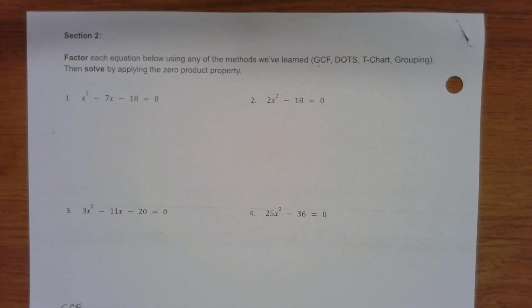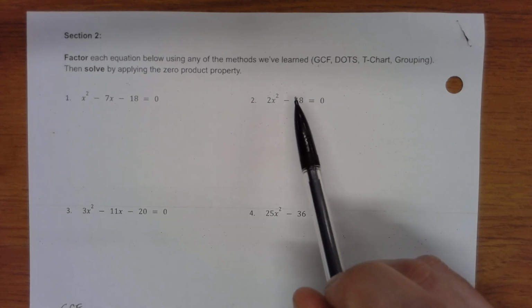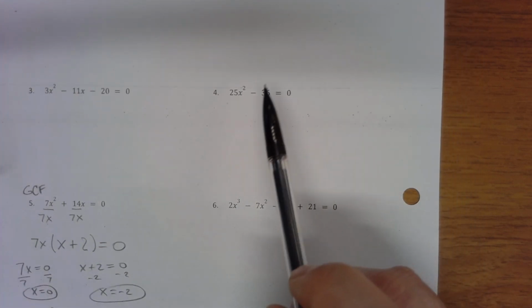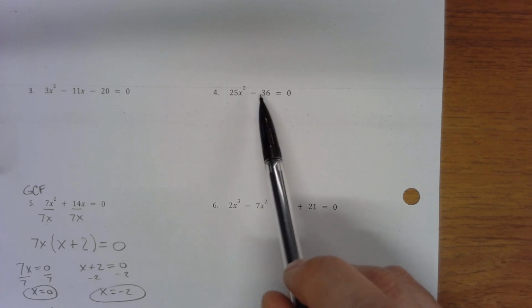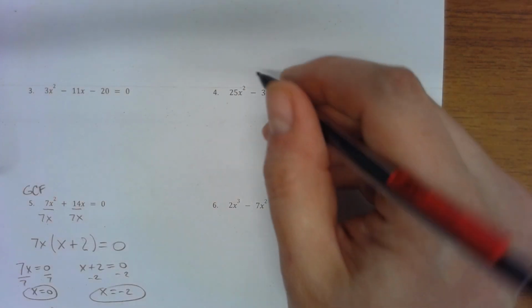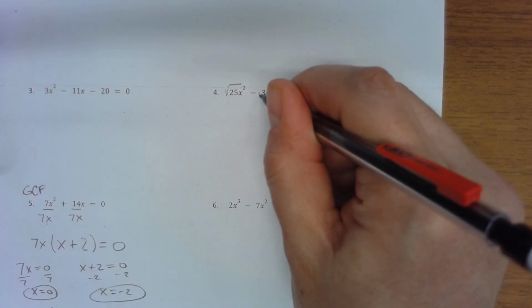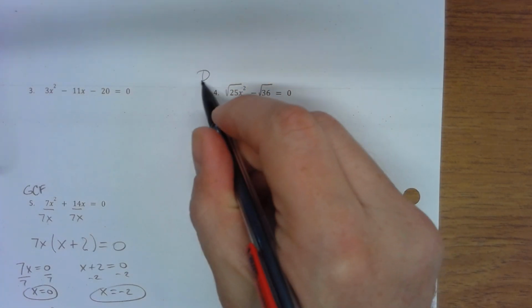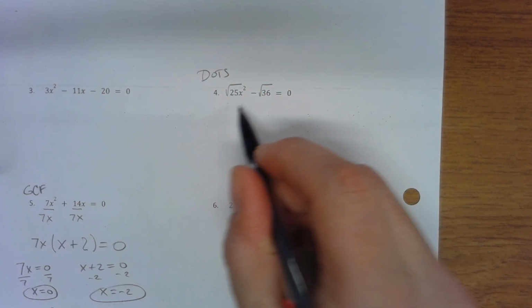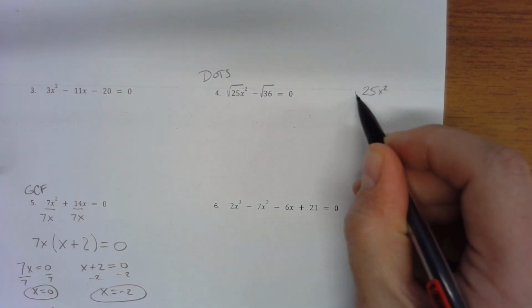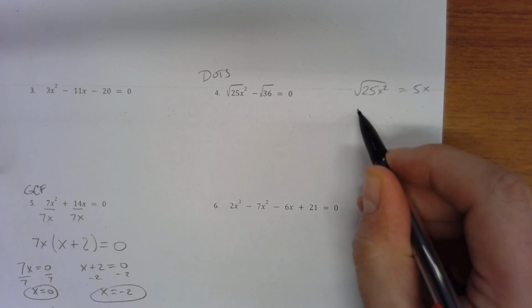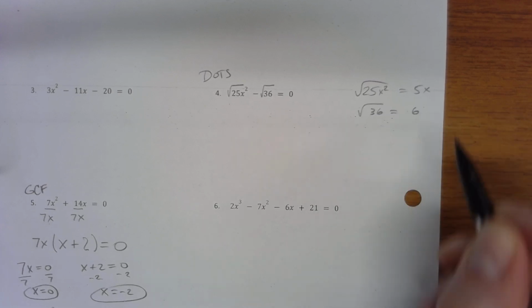Let's look for something that's DOTS. DOTS has a minus sign between two perfect squares. These are not perfect squares. These are perfect squares, 25x squared minus 36. So we're going to square root each term. This one again is DOTS. The square root of 25x squared is 5x. The square root of 36 is 6.